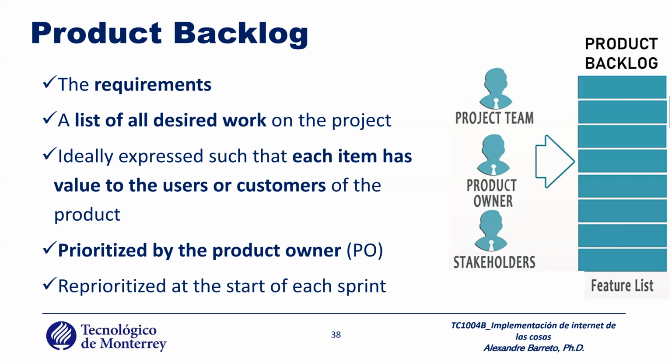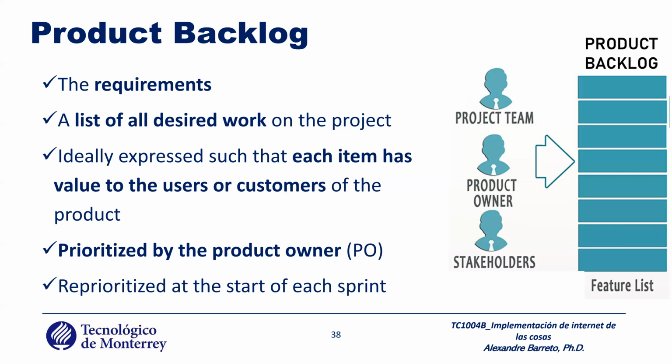Each sprint, the PO goes back to the product backlog and reprioritizes it, checking what you finished, what you have, and the business situation. For example, in the first sprint, user story one is the most important in the product backlog.